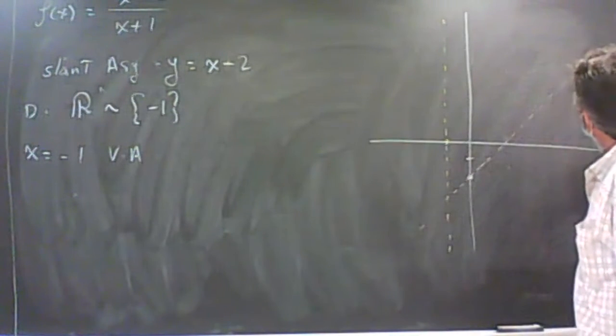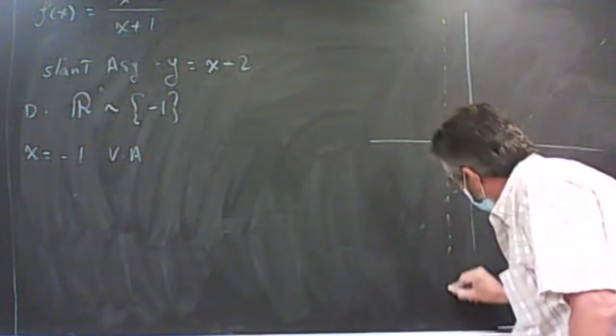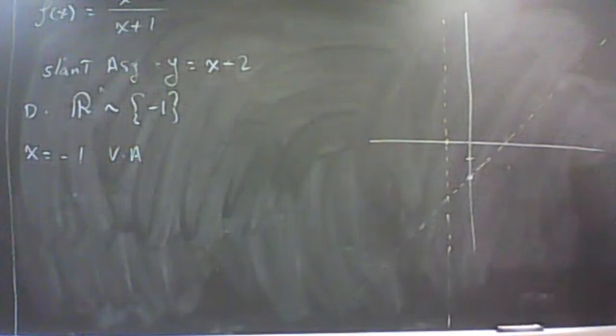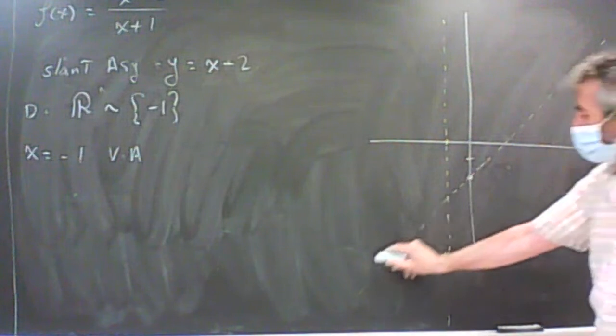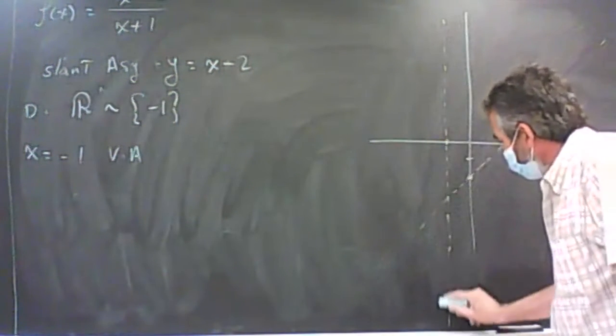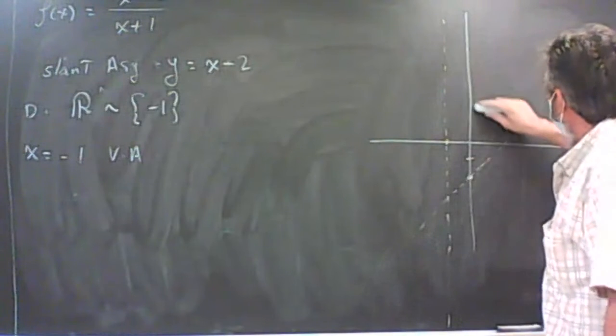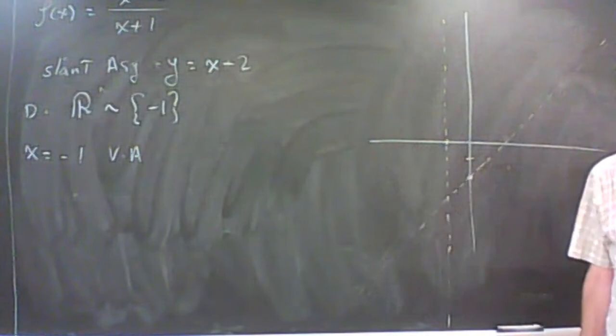And this is my slant asymptote, like that. So now, how is the graph going to look? Well, here's what it is. It's either going to come this way, like that, and like that, or like that.